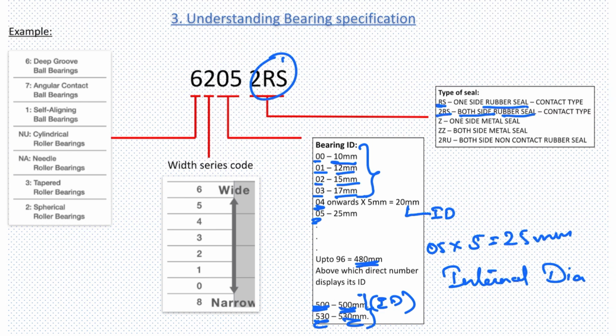In the rubber seal also there are two types, one is contact type and another is non-contact type. So 2RS means both sides rubber seal, and 2RU means both sides non-contact rubber seal. In many cases we also use a metal seal, which is denoted by double Z.